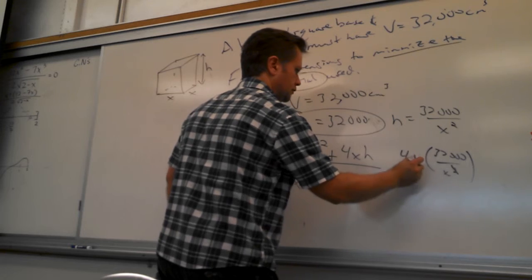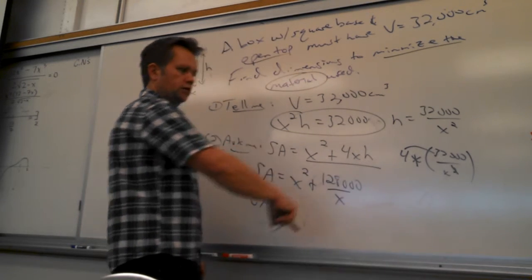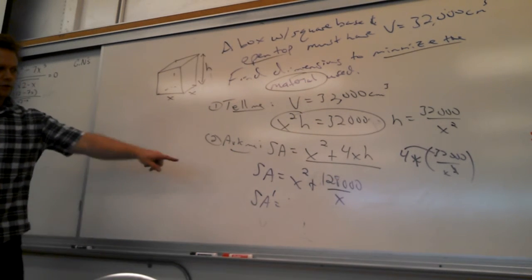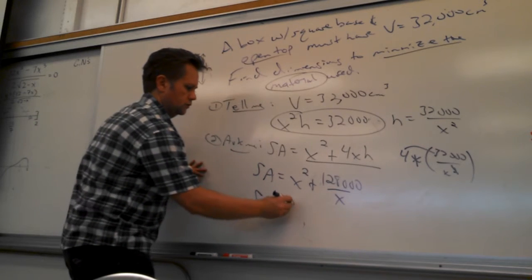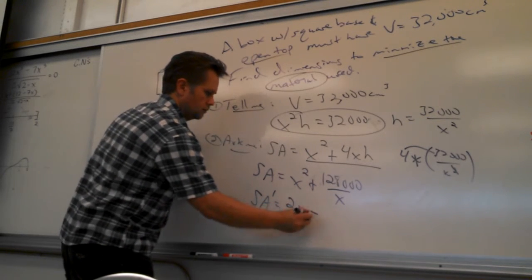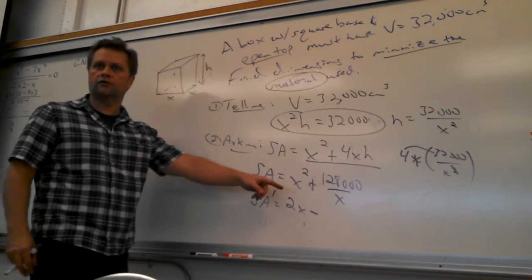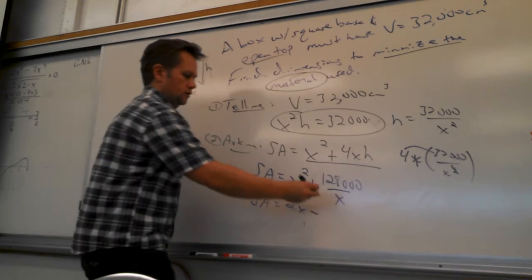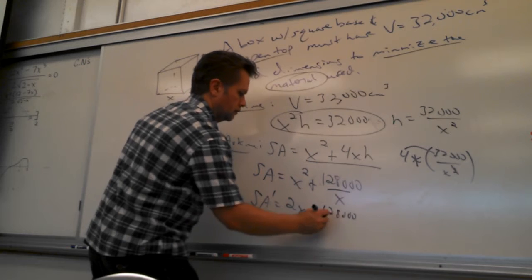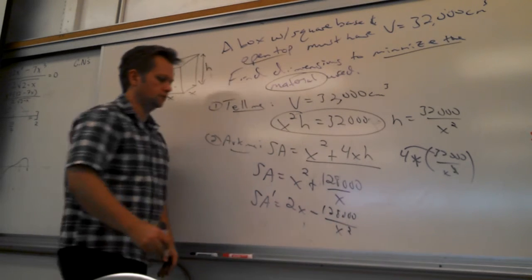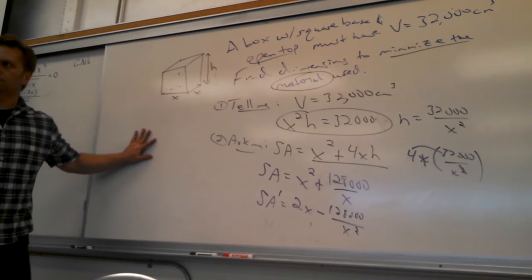One of the x's cancels, and 4 times that is 128,000. So the derivative would be 2x minus, because it's on the bottom, x to the -1, so -1 comes down, 128,000 over x squared. So how do you find the critical numbers for that?